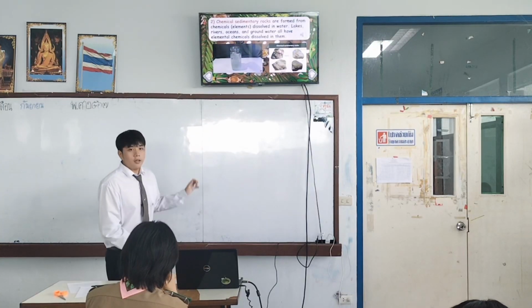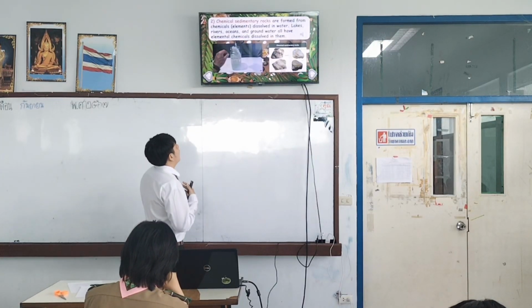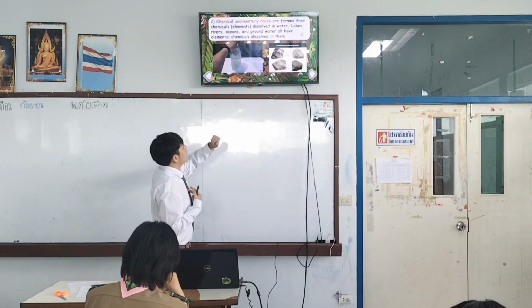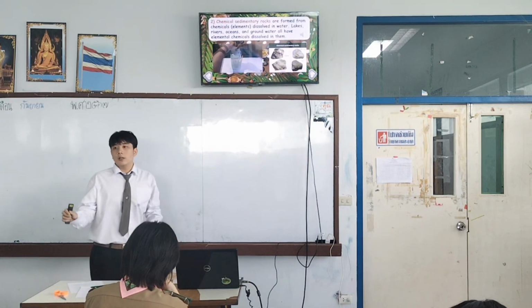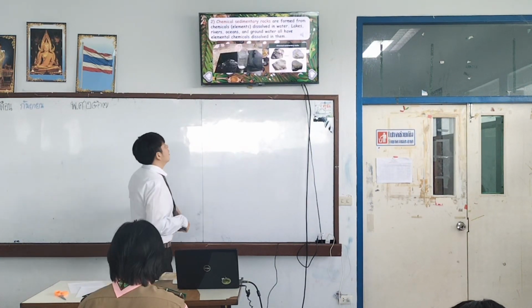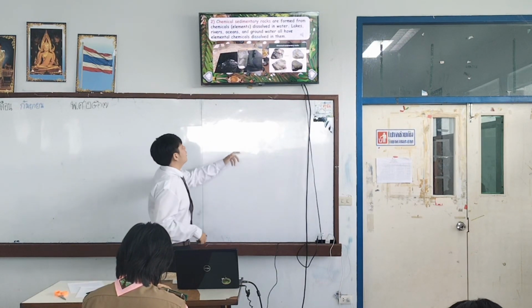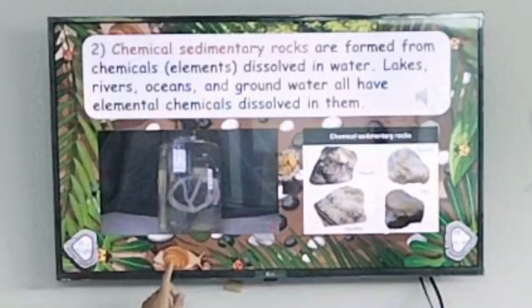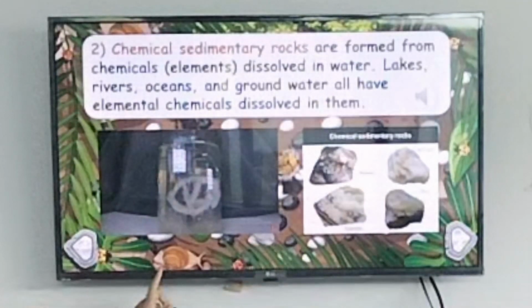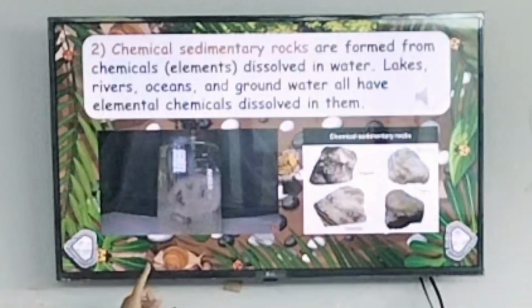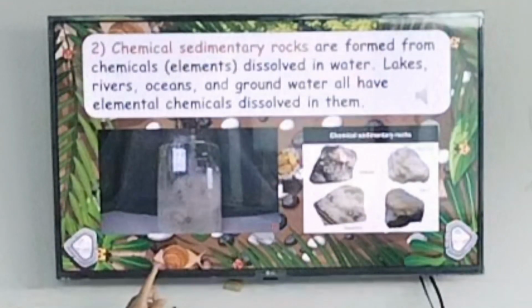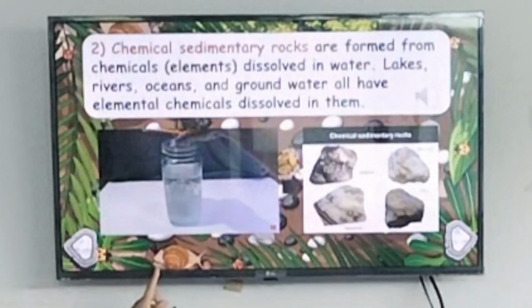Okay, here I will explain about chemical sedimentary rocks. It forms from chemical substances. Okay, you will see the experiment in this video. You will see they put salt in the water and then it evaporates to become the rocks right here. Let's see.